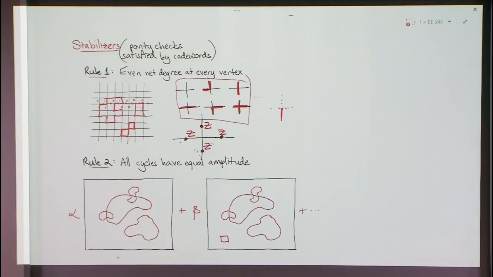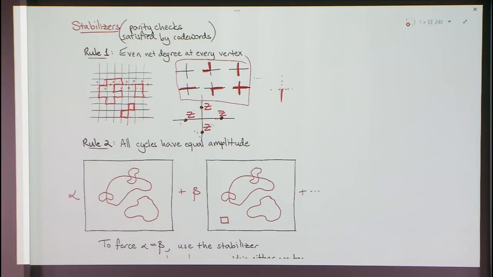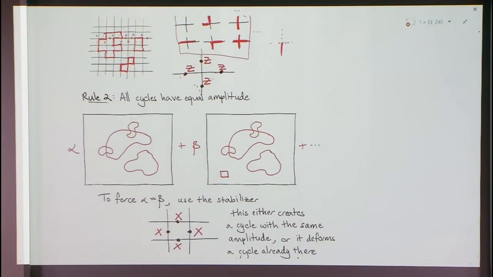The second rule is slightly more complicated. How do we enforce that the superpositions of these different nets all have the same amplitude? How do you enforce that locally? It's just a local stabilizer. For example, here I have alpha times this first diagram plus beta times this second diagram. Say they differ only in this one square. The first diagram misses it and the second diagram has it.